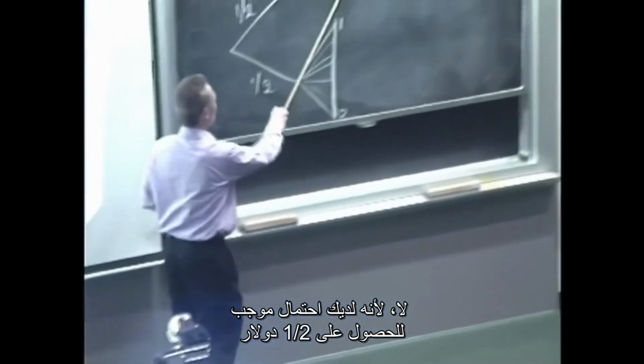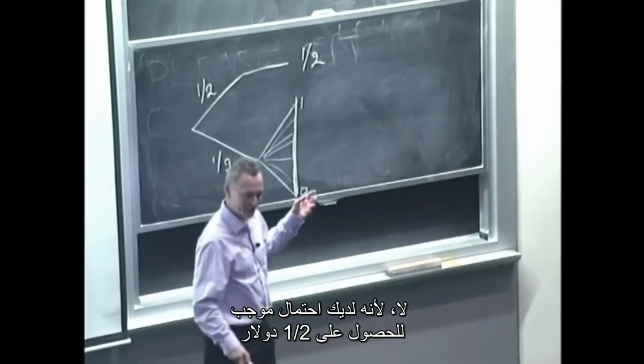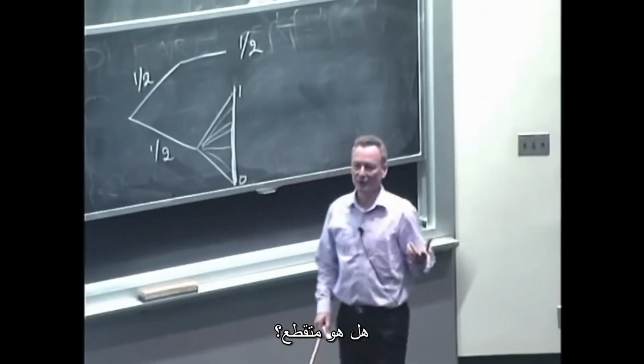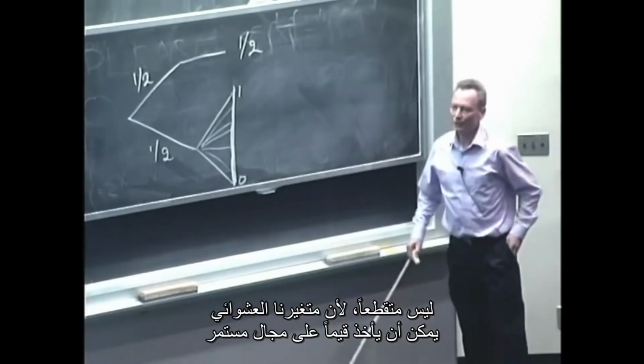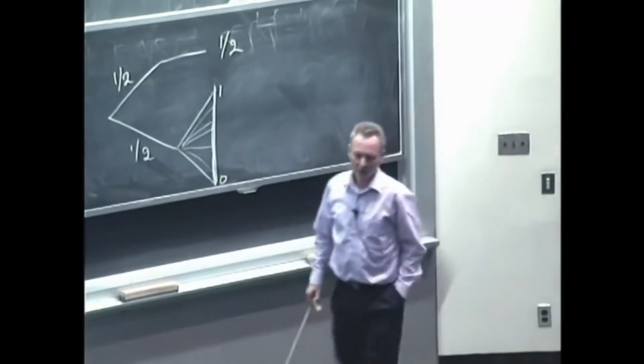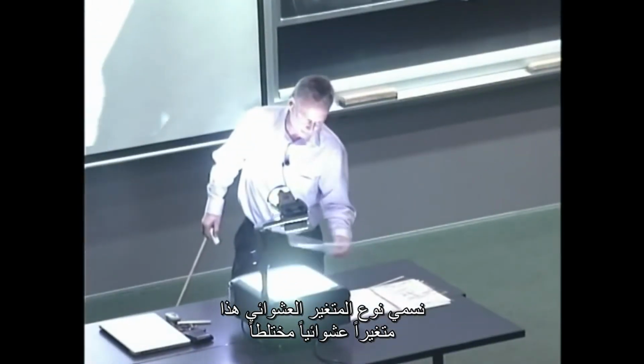Is it the case here? No, because you have positive probability of obtaining $1/2. So the random variable is not continuous. Is it discrete? It's not discrete because the random variable can take values also over a continuous range. So we call such a random variable a mixed random variable.